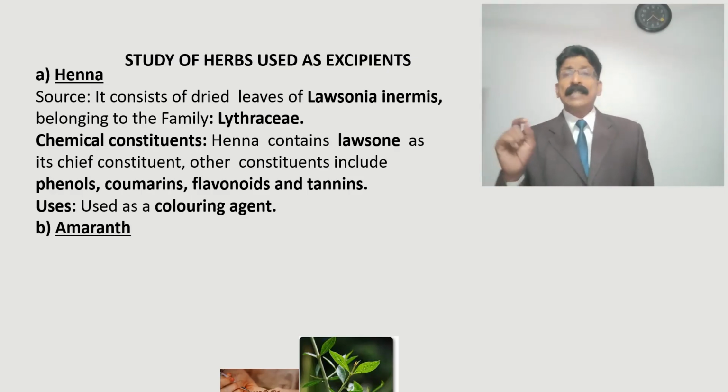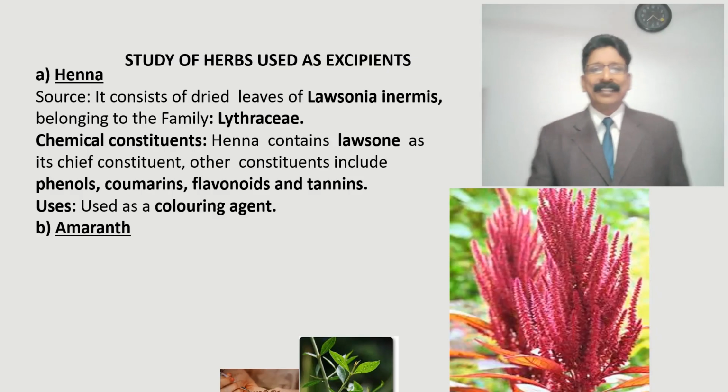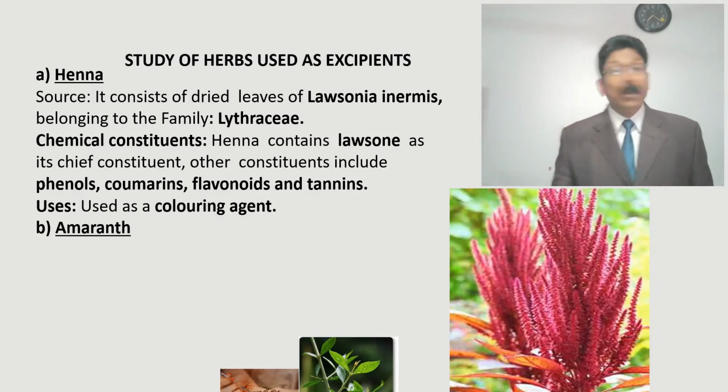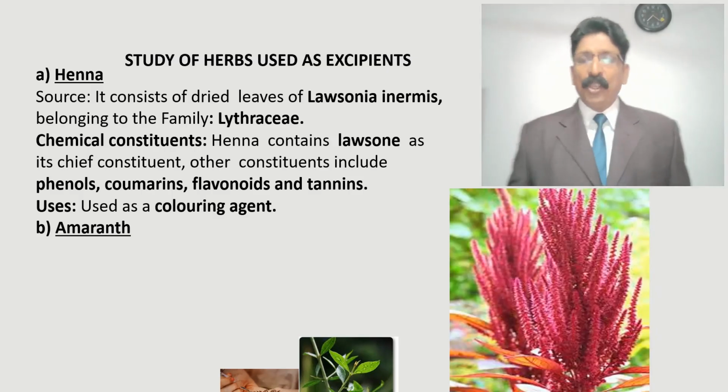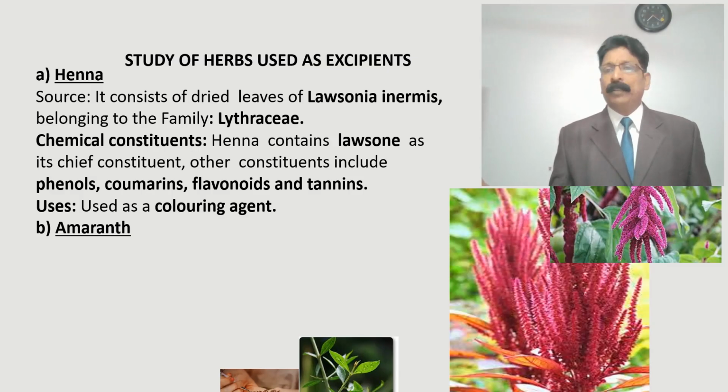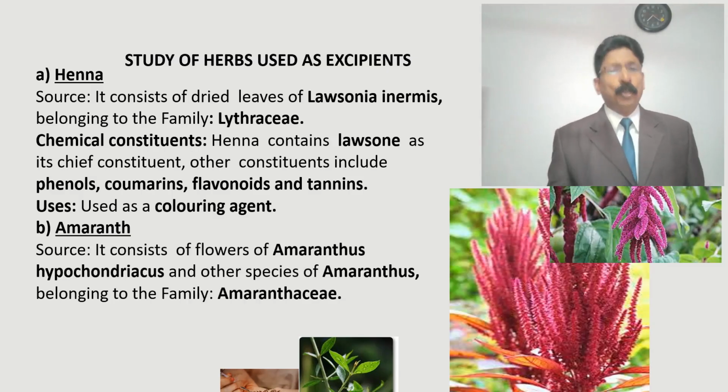Next example is amaranth. It is a garden plant, we used to have it as an ornamental plant actually. But it has a very important use in pharmaceutical additives, like a coloring agent.